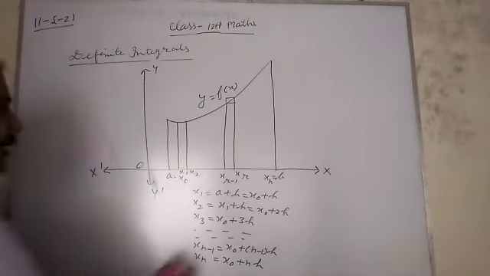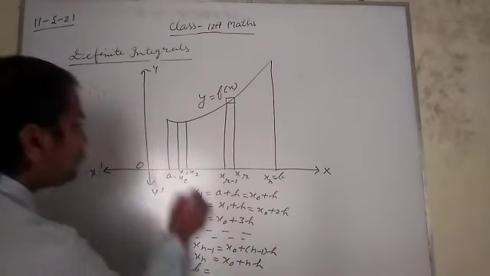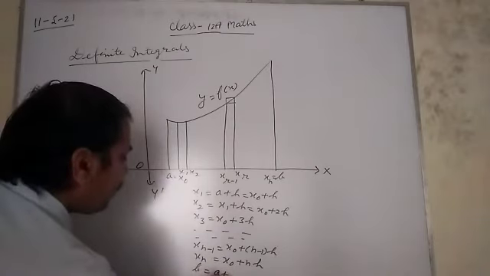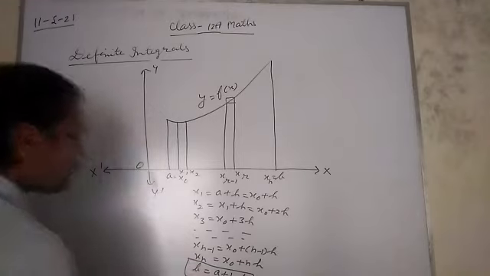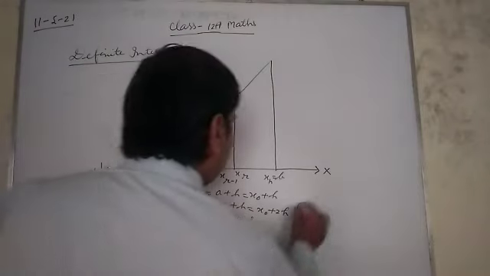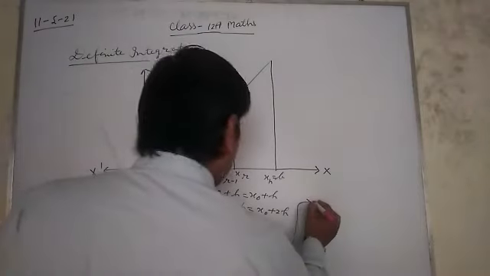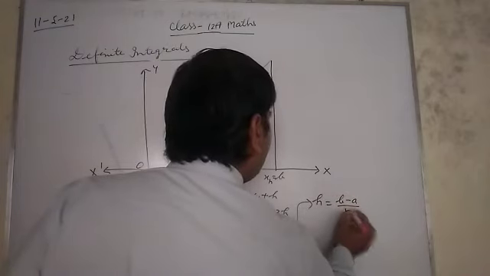Clear? And xn is equal to b, and x0 is equal to a. So b is equal to a plus nh, and from here we can find h is equal to (b minus a) upon n.